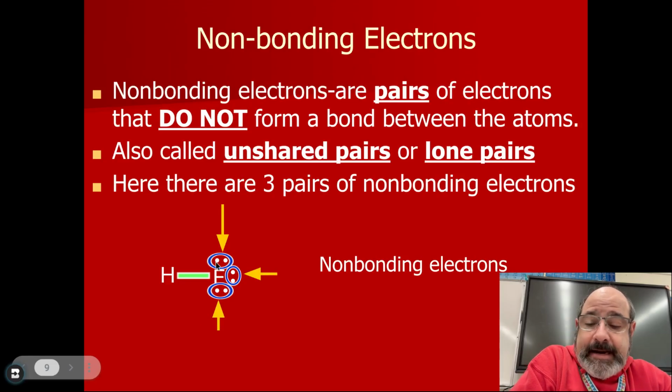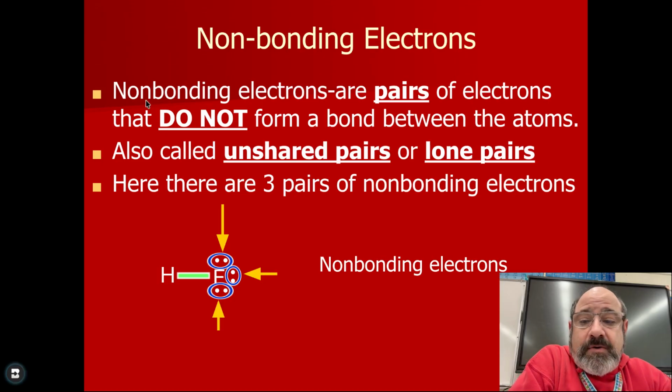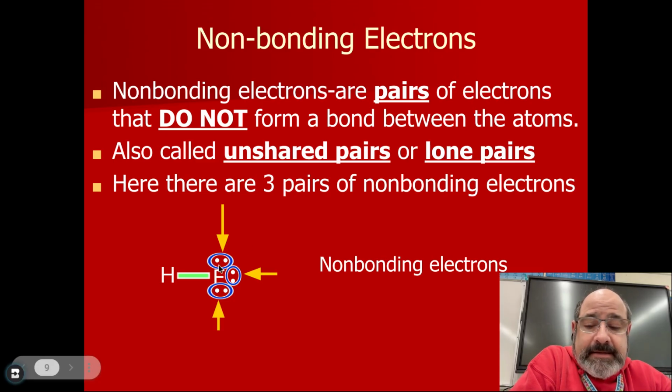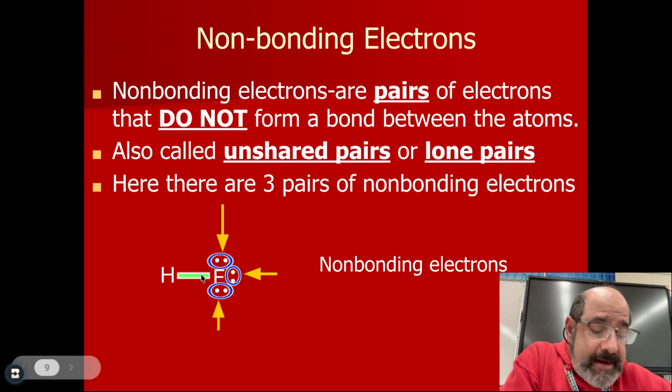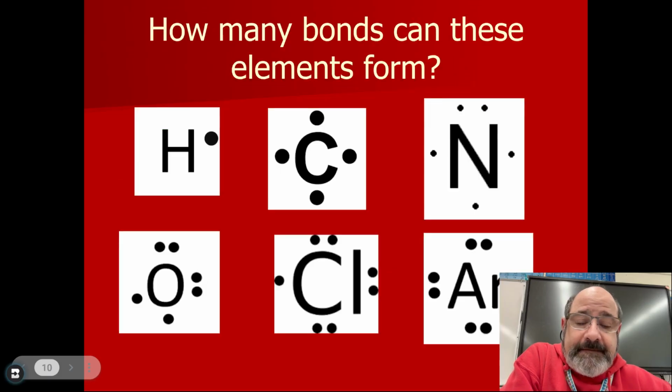They're not connected to anything. So we call those unshared pairs, or lone pairs, or non-bonding pairs. These are still there. They are taking up space, which we'll learn later. So we have to pay attention to them, and it also helps us in the counting when we have 2, 4, 6, 8 electrons around the F.